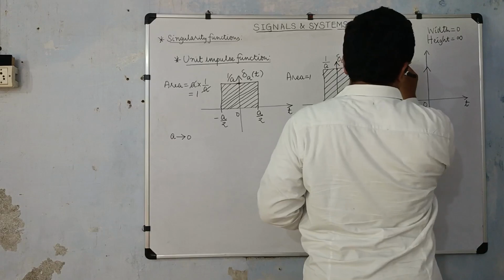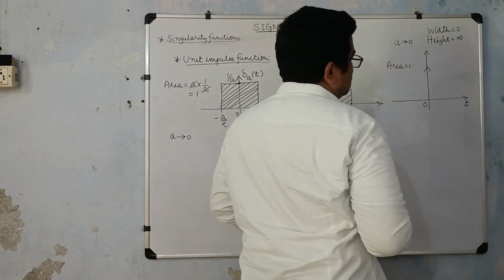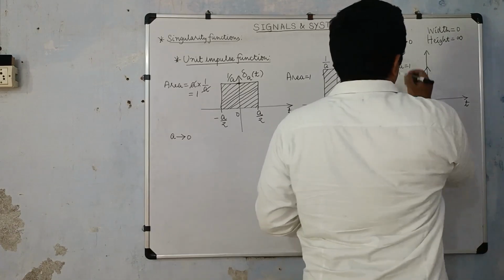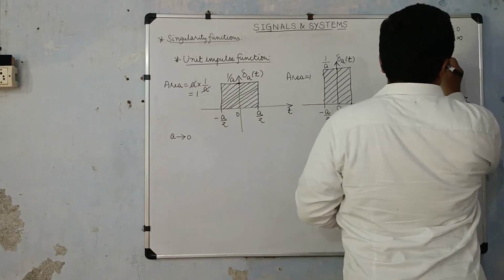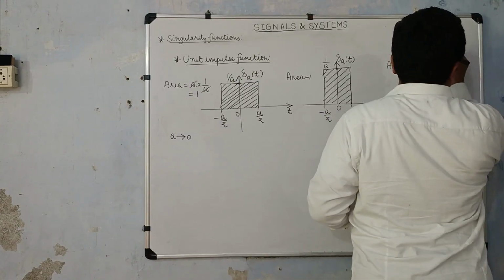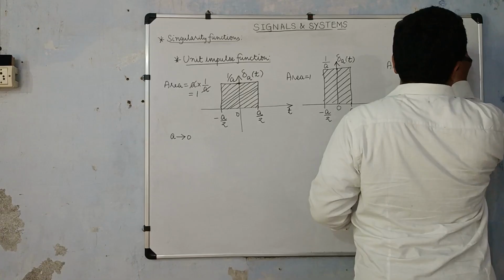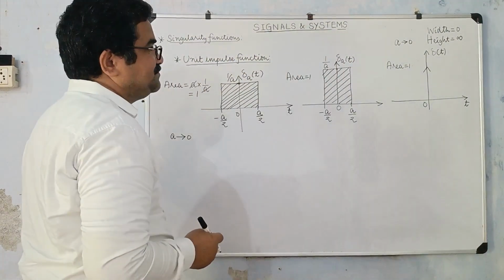So here also the area is equal to 1. Okay. Such a pulse, you call it as unit impulse function. So this pulse is known as unit impulse function, represented as delta of t.